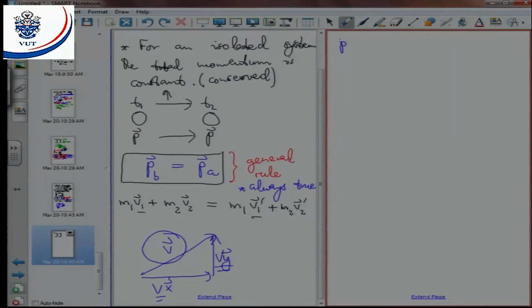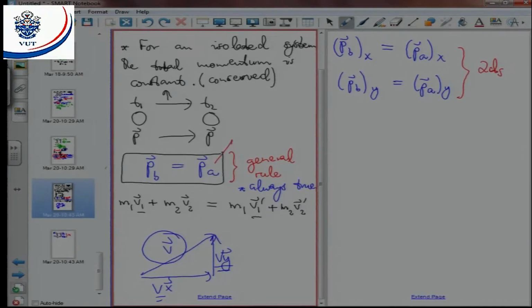So p before in the x direction must equal the momentum after in the x direction, and momentum before in the y direction must equal momentum after in the y direction. What I've just written here is still conservation of momentum, but now it's in 2 dimensions. This here was in 1 dimension.